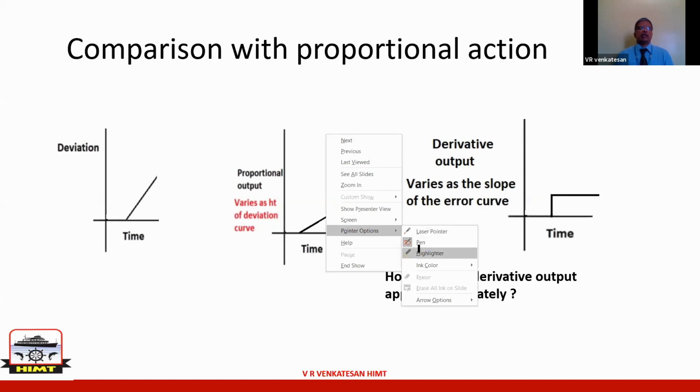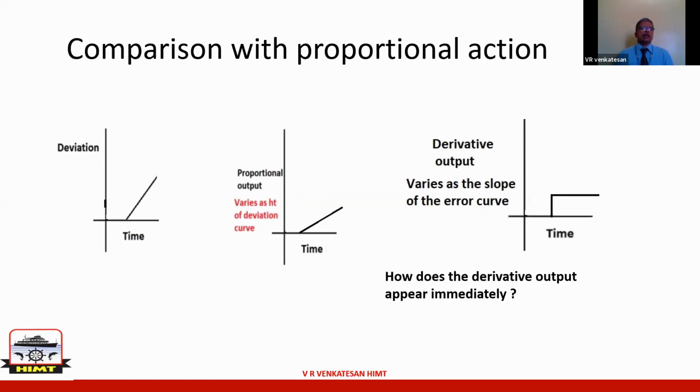Then if you see here again, deviation is rising. How will proportional output relate to this? Error is building up gradually. So how will the proportional output vary? Gain into error.